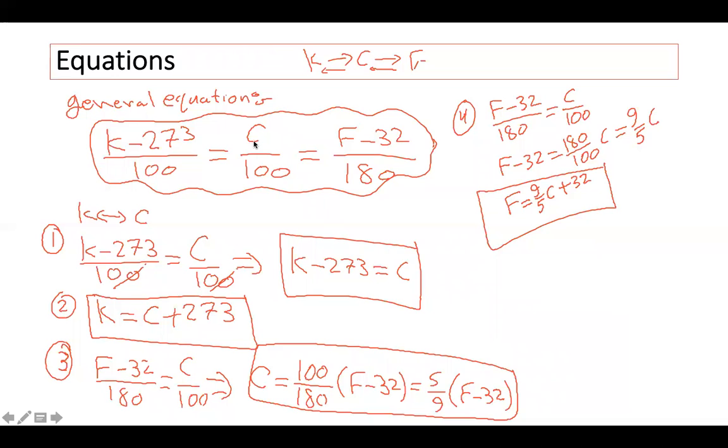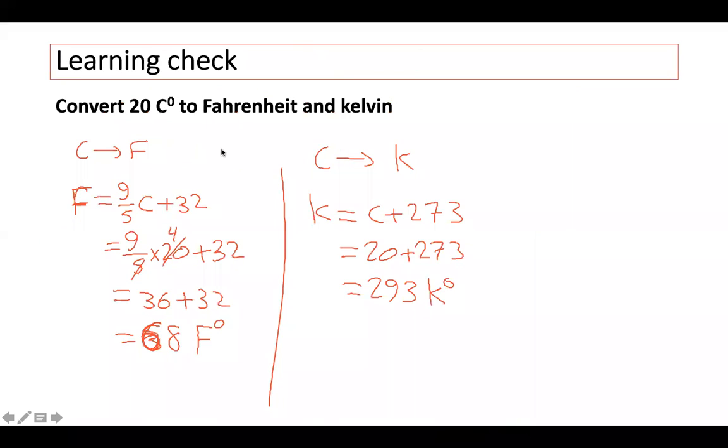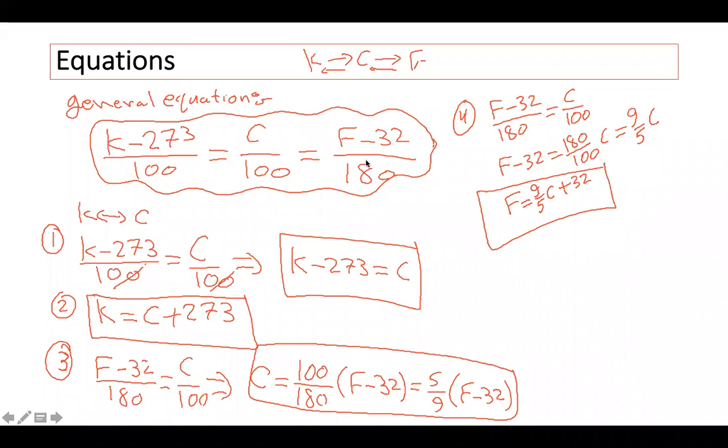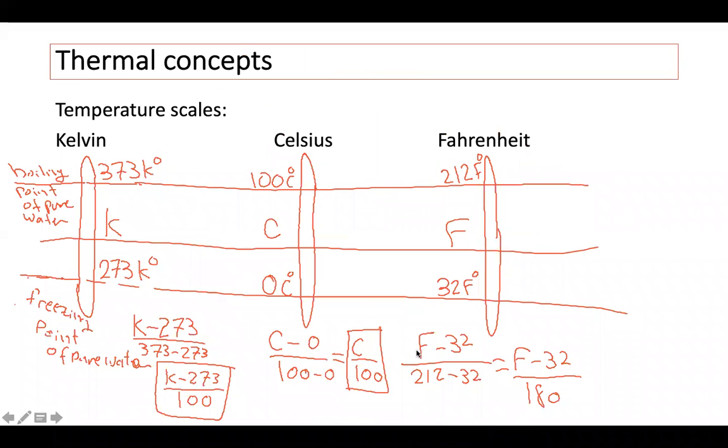The 0 for Celsius equals the Kelvin minus 273, which also equals the Fahrenheit minus 32. The 100 for Celsius is the same for Kelvin, 100, and for Fahrenheit it equals 180. To describe this, you have to go through the area below.